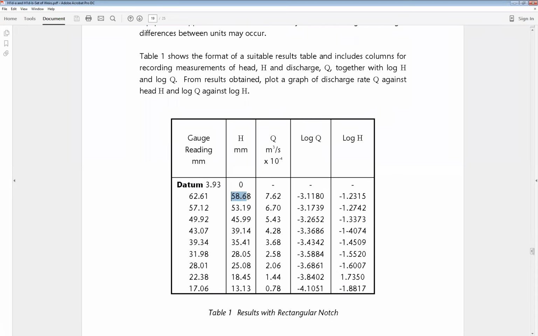You can just read the H and Q, or more specifically, you can record the gauge readings here, and then later take away this one from the reference, you can have the H, because the reference is the bottom of that. And the difference of that, you can see everything's here, and at the end, the corresponding Q's are recorded here.